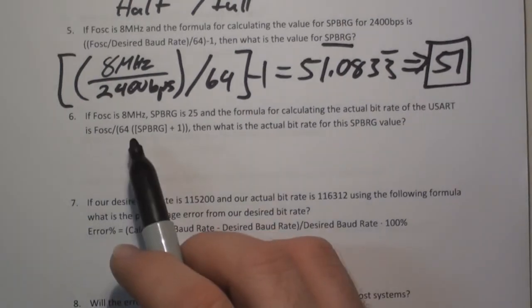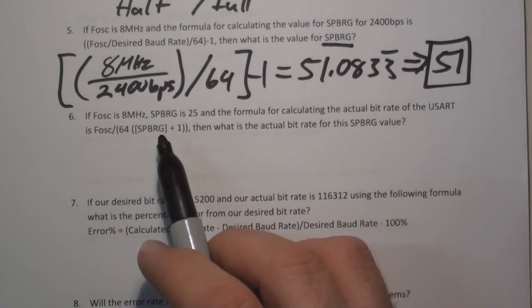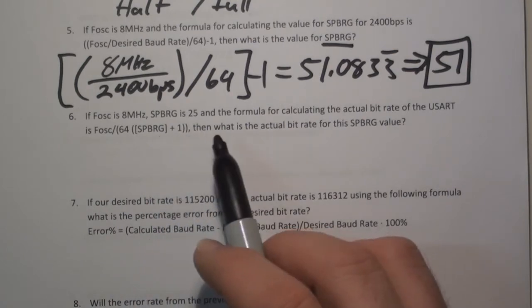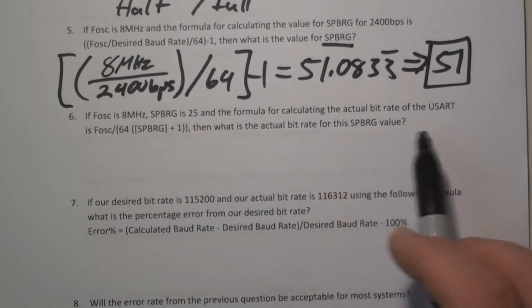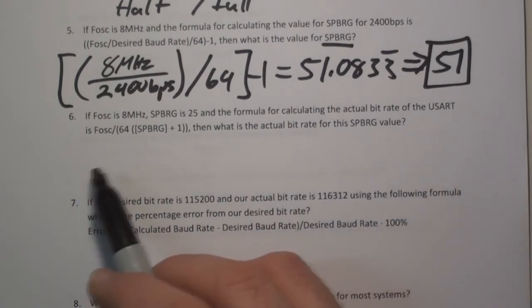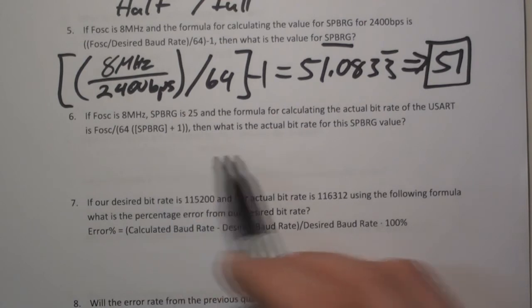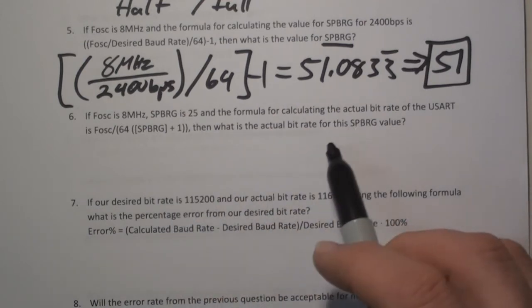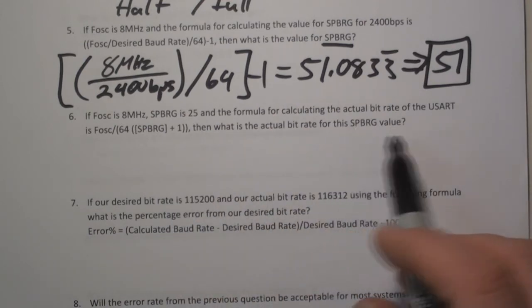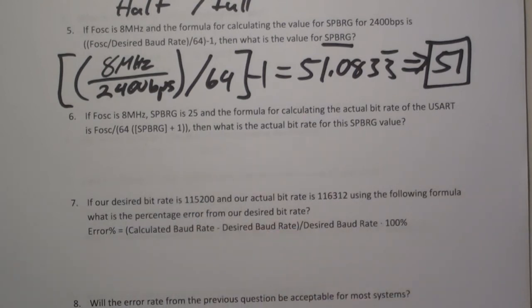If FOSC is 8 megahertz, SPBRG is 25, and the formula for calculating the actual bit rate of the USART is FOSC divided by 64 times SPBRG plus 1, then what is the actual bit rate for this SPBRG value? So let's just plug the values in.